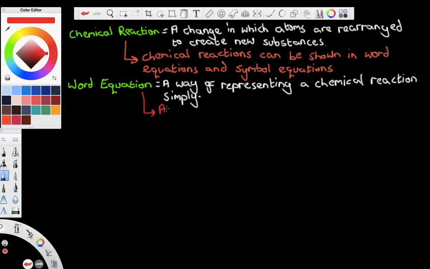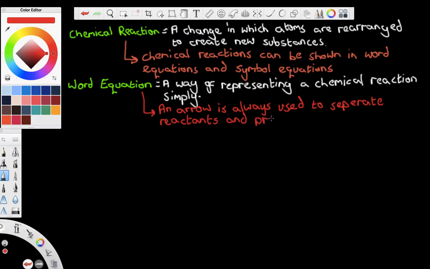So an arrow, I've put this in red because it's important, an arrow is always used to separate reactants and products in a word equation.